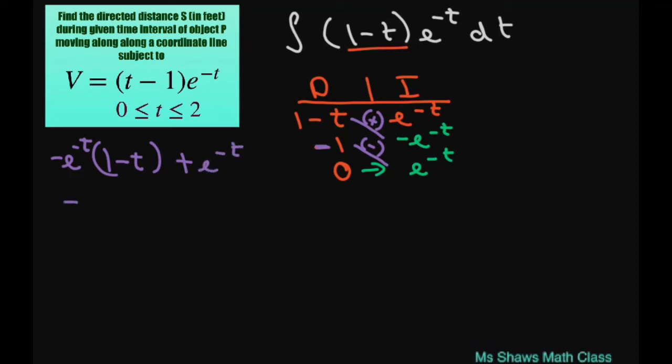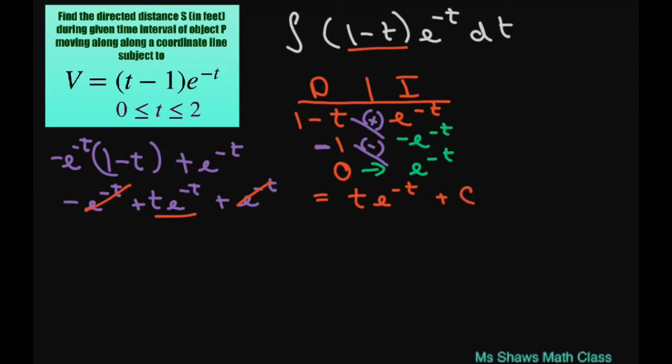This gives you negative e to the power of negative t plus t e to the power of negative t, and then we still have this plus e to the power of negative t. These two cancel, and our answer is t times e to the power of negative t plus c.